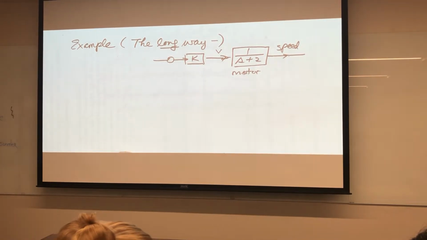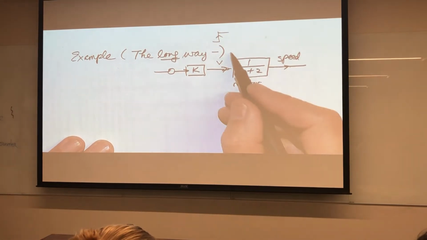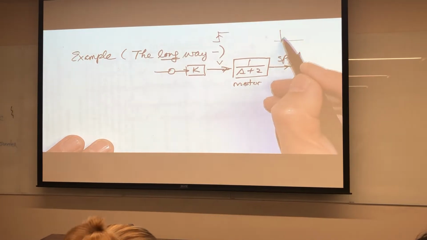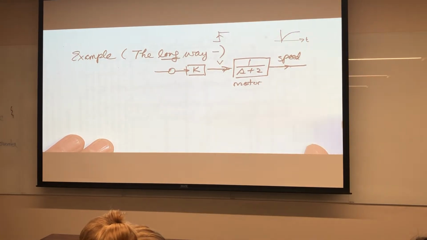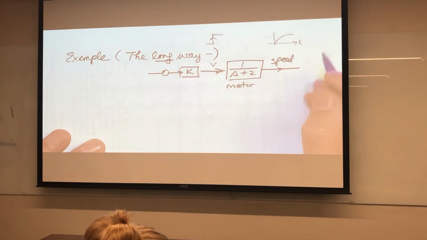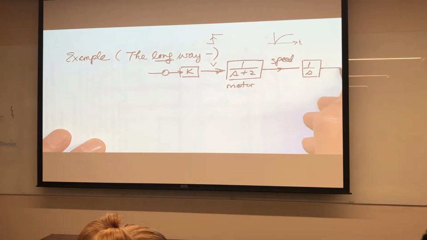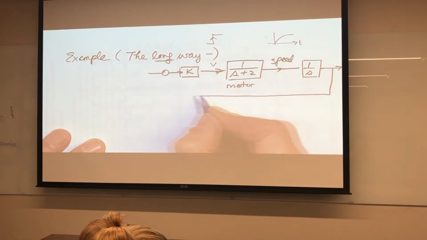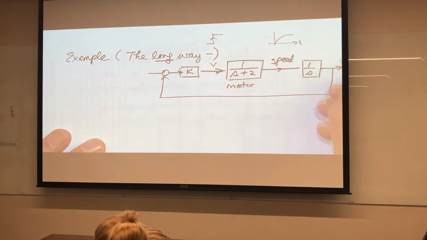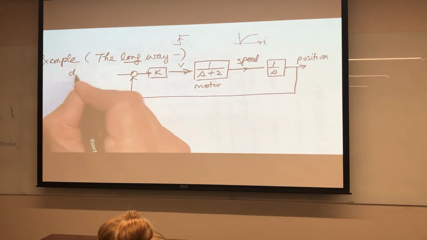I modeled it as a simple first order model. If we apply a step input right here, then the speed increases something like this. But we want to control the position of the motor, so the model is we integrate speed to get position. And so we're going to compare the actual position to the desired position.